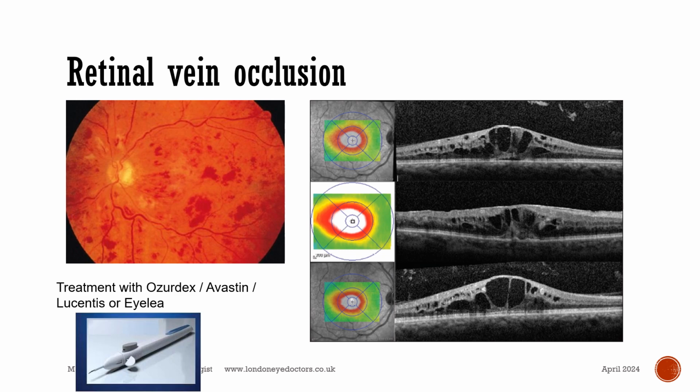Another issue where OCT scan is very helpful will be retinal vein occlusions, where it's very important to find out whether the patient has macular edema or not. If the patient does have macular edema, the patient can be offered treatments like Avastin, Lucentis, Eylea, Vabysmo, or steroid agents like Ozurdex implant.